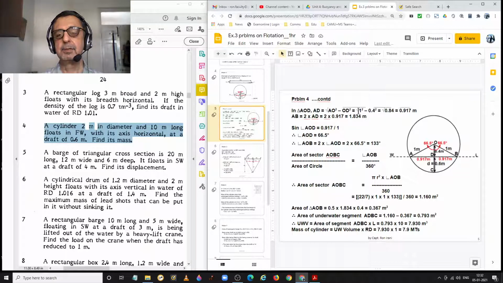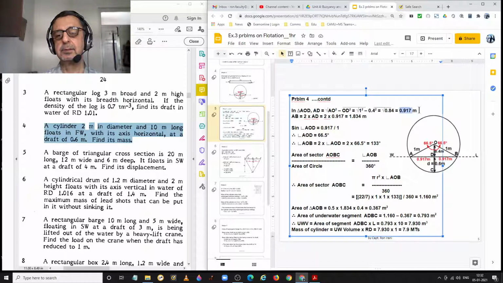So taking the square root of these will give us the value of AD equal to 0.917 meters. Thus, the length of the chord AB is equal to 2 times AD, that is 2 times 0.917, equal to 1.834 meters.